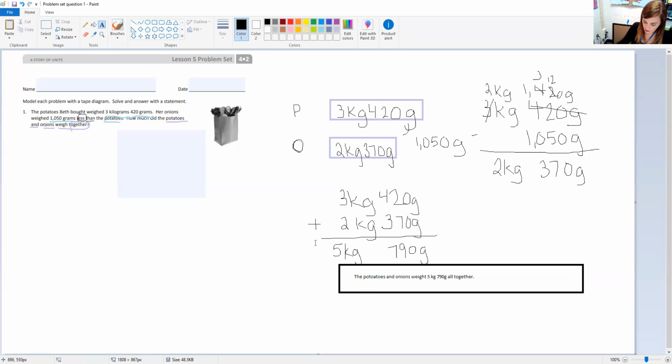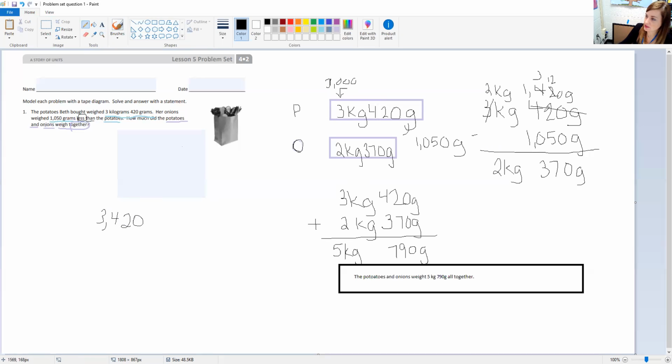Okay, so another way that you could have done this is you could have taken this number right here, and knowing that there are 1,000 grams in a kilogram, you could have just changed this to 3,000 because that would be the same thing, right? So if I have 3,000 and then I have 420 grams, I could have just written 3,420 grams.